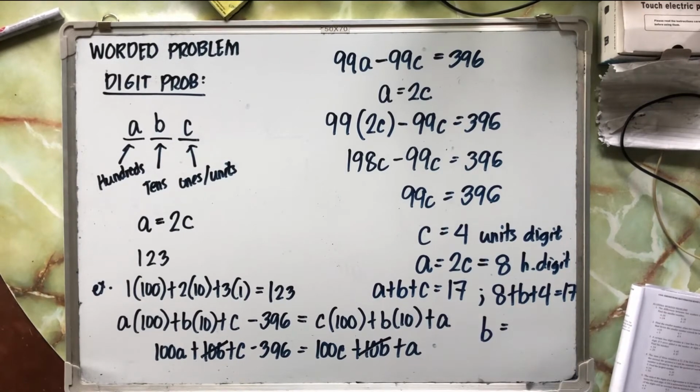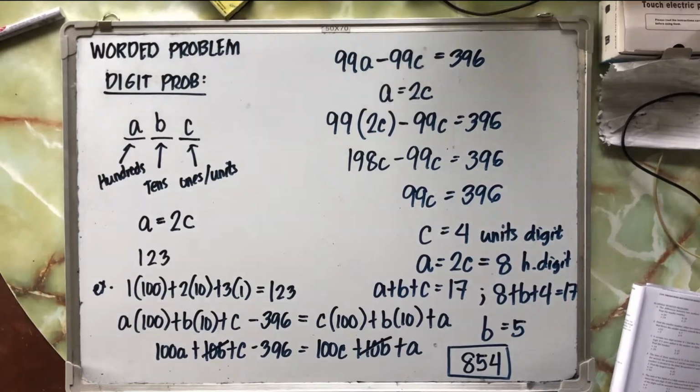And B is how much? 17 minus 4 minus 8 is equal to 5. Okay? So, our number is hundreds digit 8, tens digit B, which is 5, and ones digit or units digit is 4. This is the number.